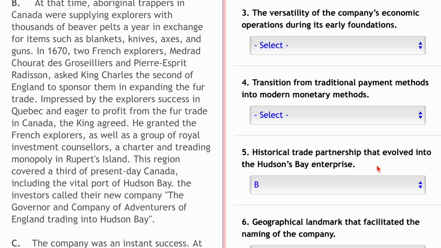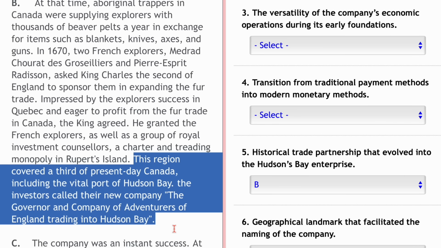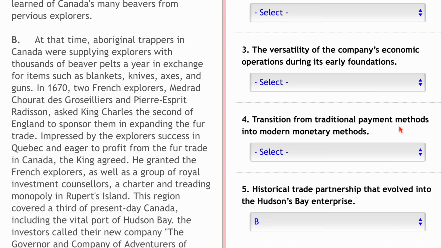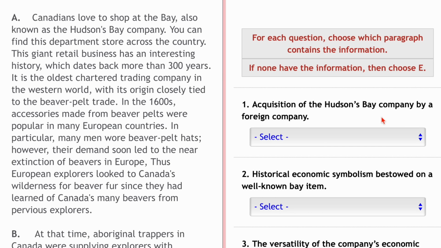Now, I see over here another possible answer. This region covered a third of present-day Canada, including the vital port of Hudson Bay. The investors called their new company the Governor and Company of Adventurers of England Trading into Hudson Bay. Which question could it be?